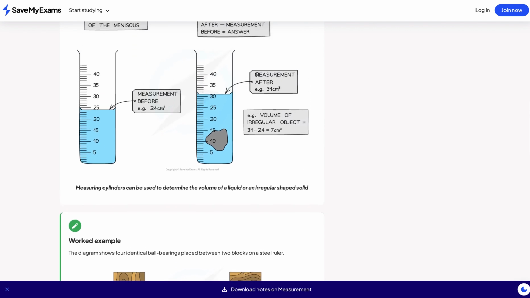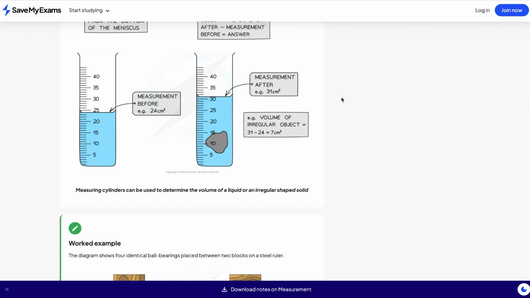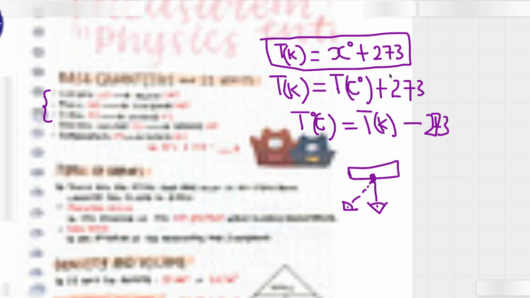But for regular shapes it is easy. They all have a mathematical formula. A cylinder's volume you can easily calculate, right? We can say V equals pi r square H, or pi r square L, depending on what you call the length of the cylinder.